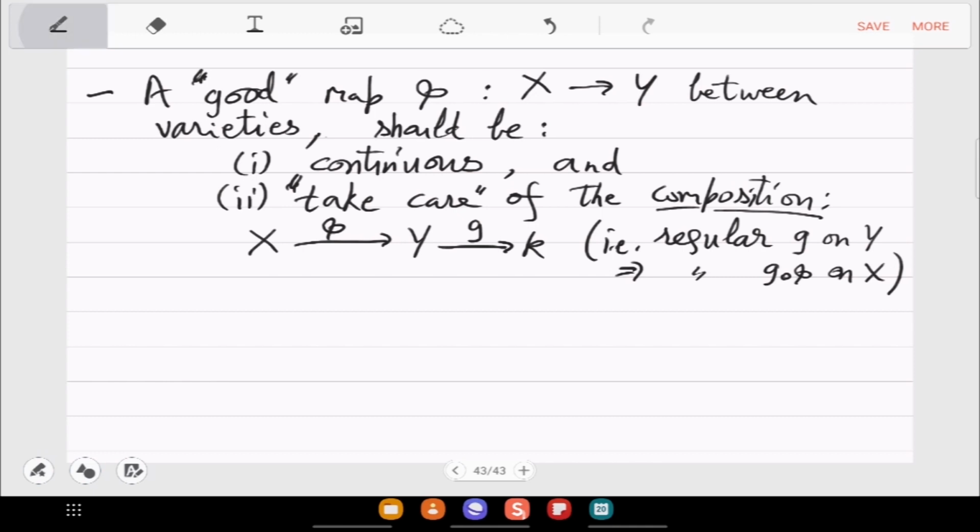So, okay, with that philosophy, your definition is ready. How to compare two varieties.